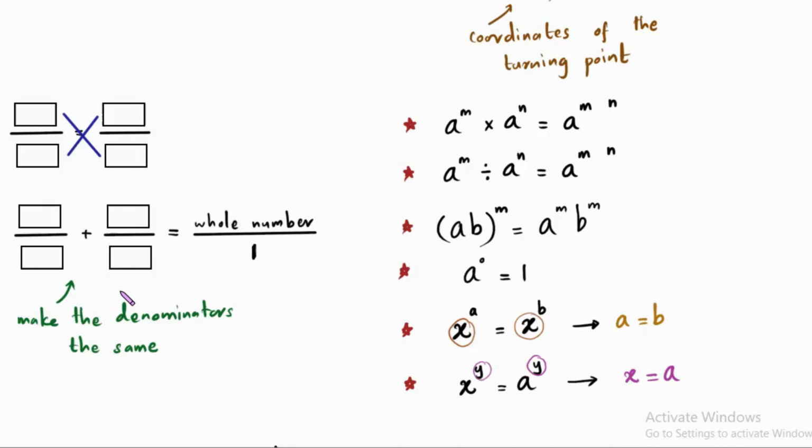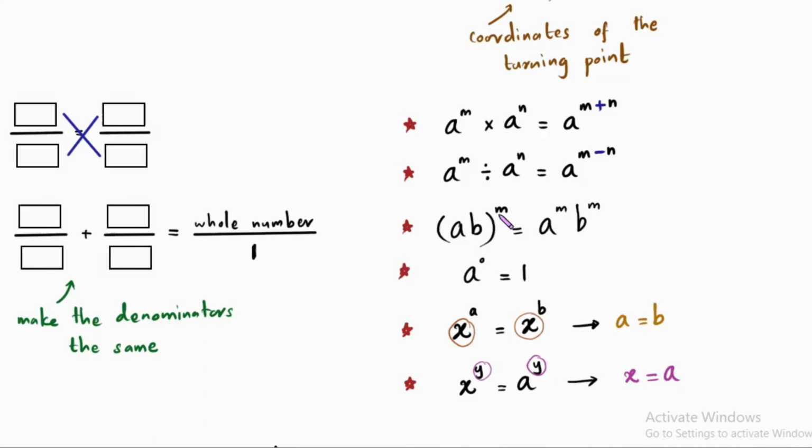If it's not, you need to make them into one fraction on either side, and then you can cross multiply. And the next one is relating to indices. When indices have the same base, if they are being multiplied, we need to add the indices together. And if they have the same base and are being divided, we need to subtract the indices.